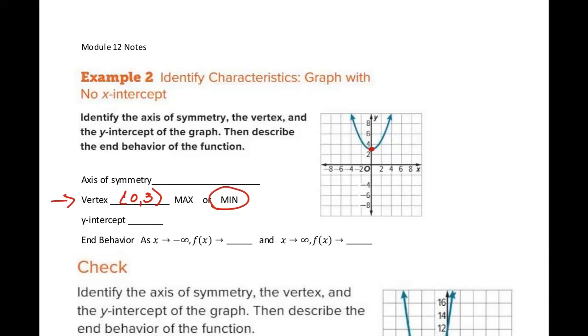All right, axis of symmetry. Elijah, what is my axis of symmetry? The straight line that goes through that point. It's going to be right here. What is the equation of that line?